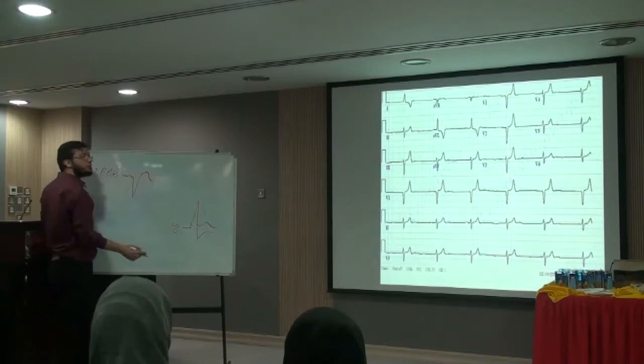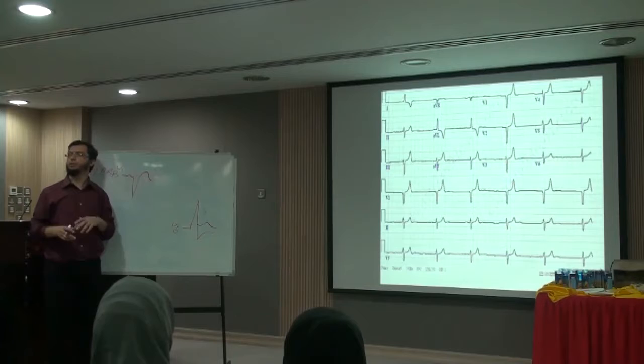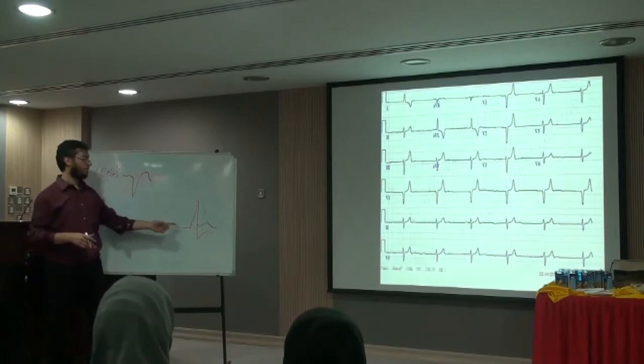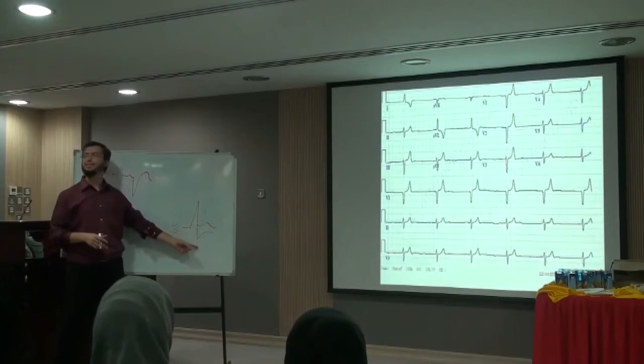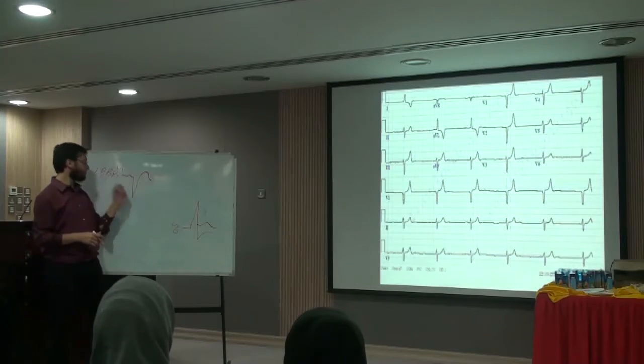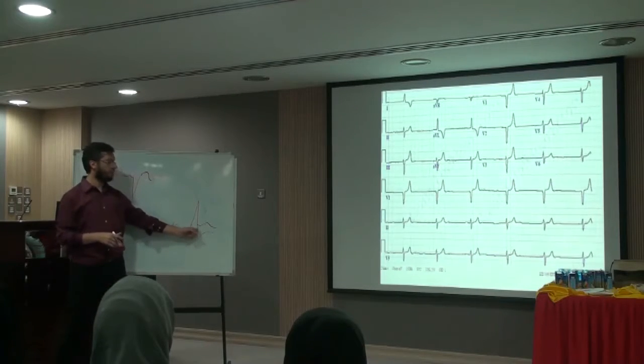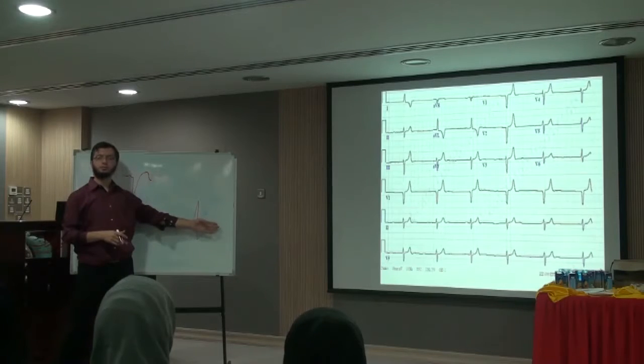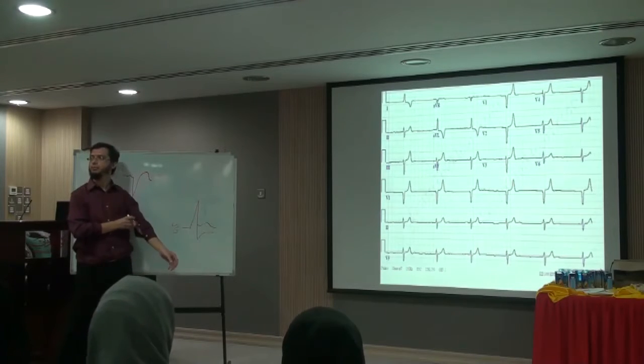Why? Because the normal pattern of the ventricular beat is to have discordant T and ST and S wave. So if it is concordant, this is a sign that the patient has ST elevation.